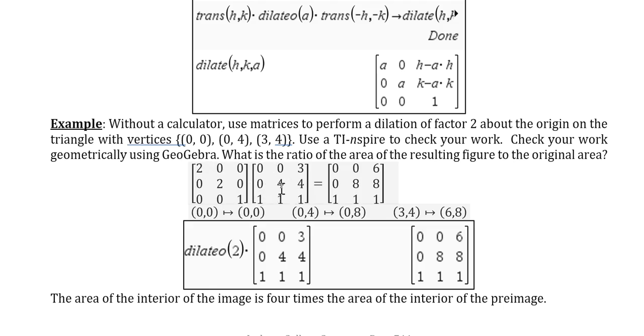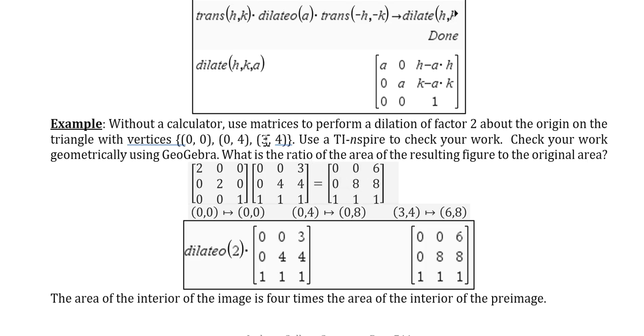And if you multiply this out by hand, you're going to get this matrix right here, which says that 0, 0 is going to stay 0, 0. Of course, the origin's a fixed point since it's the center of the dilation. 0, 4 is going to go to 0, 8. And 3, 4 is going to go to 6, 8.